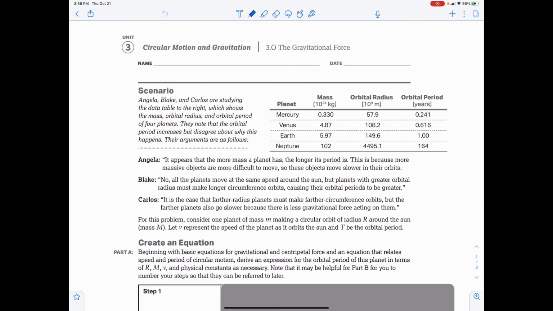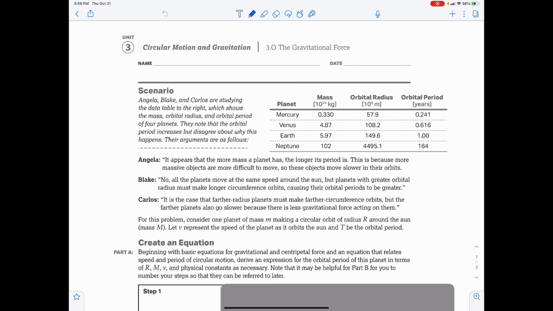Angela says, it appears that the more mass a planet has, the longer its period is. This is because more massive planets are more difficult to move, so these objects are slower in their orbits. Blake says, no, all planets move at the same speed around the sun, but planets with greater orbital radius must make longer circumference orbits, causing their orbital periods to be greater.